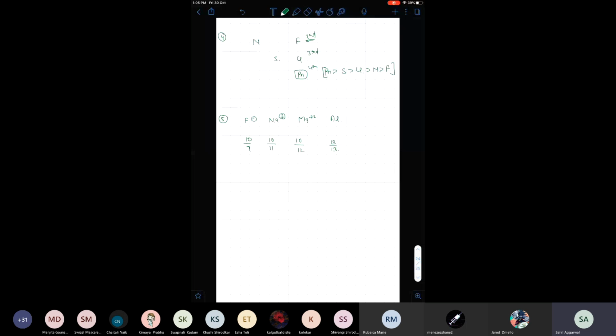इनके अंदर सबसे अच्छा कौन है? Fluoride better than sodium and better than Mg2 plus. Let it be an ion. I didn't say only cation can be isoelectronic. Did I say something like that?